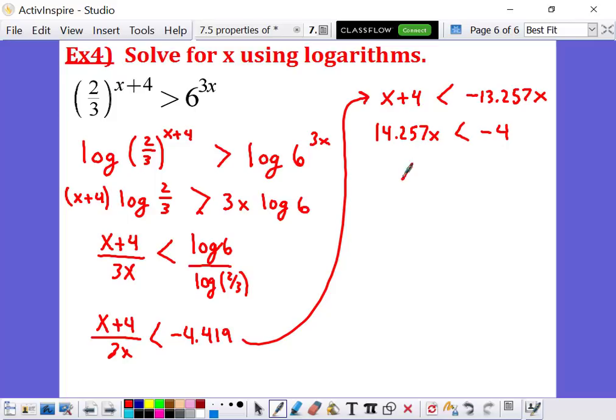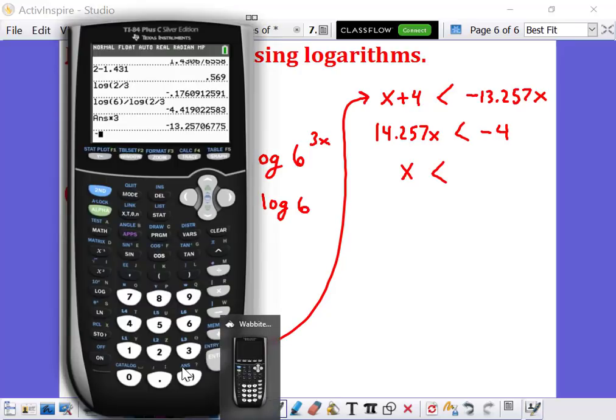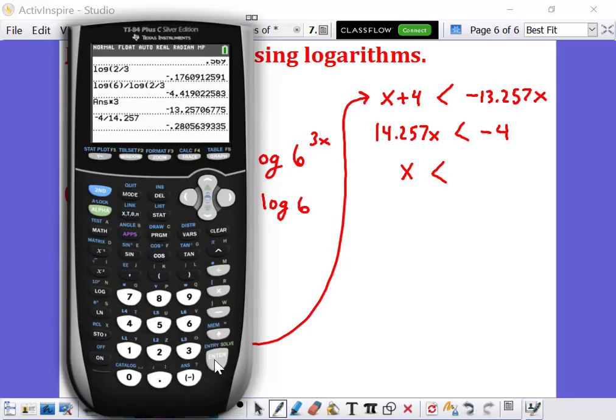And we are so close. Now we need to take x, or solve for x. So we're going to take negative 4 and divide it by 14.257. I get x is less than negative 0.281.